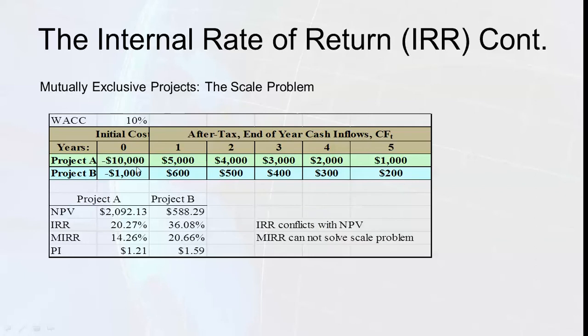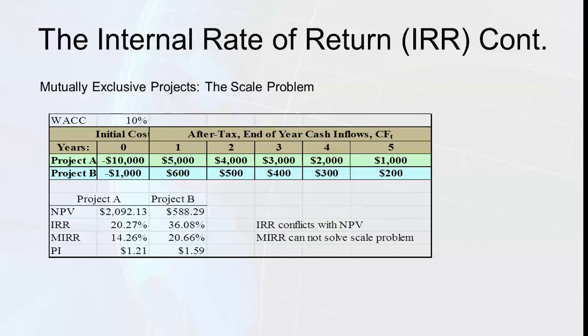Look at the scale problem. We have a $10,000 investment and a $1,000 investment. This is an example of scale problem, just like an example of a $1 investment and a $1,000 investment.